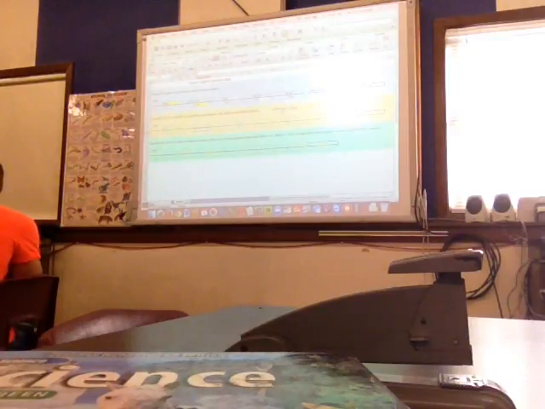Milliliters and liters, which one's bigger? If liters is bigger, give it a 1 and figure out what milli means. Milli means 1,000 all day long. That's good.